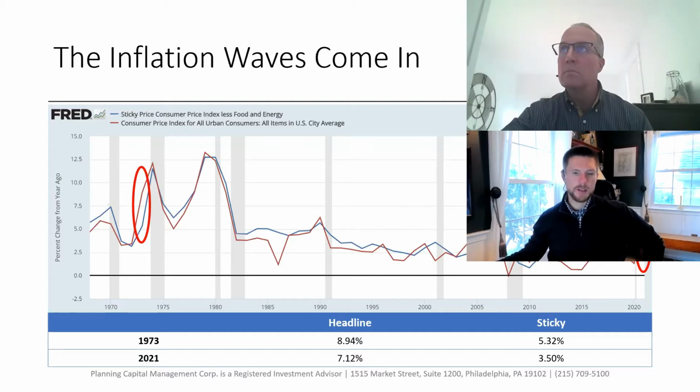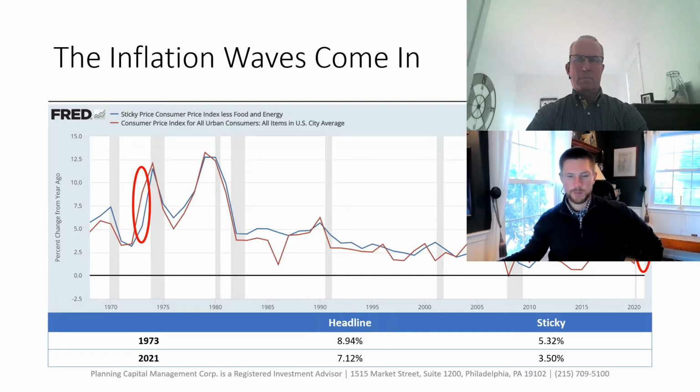But essentially, the consumer price index is what most of us would refer to as headline inflation. So when they say inflation was 7% last year, that's what they're referring to. There is another sort of amended metric called the sticky consumer price index, which is less food and energy.